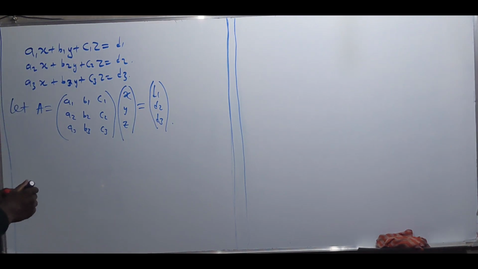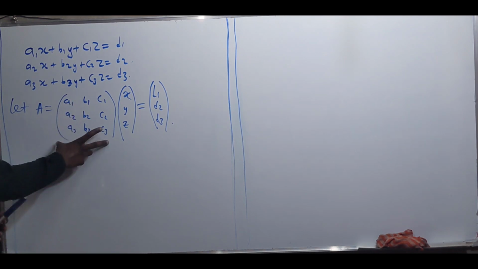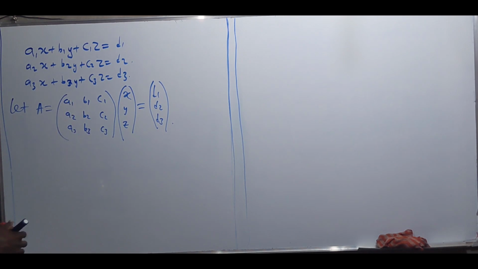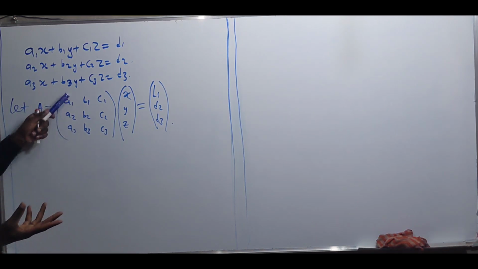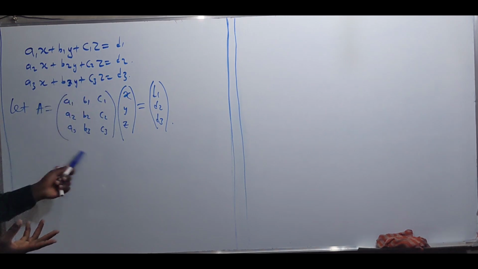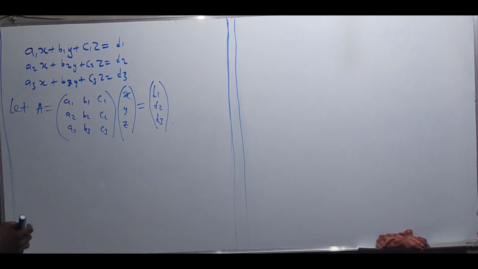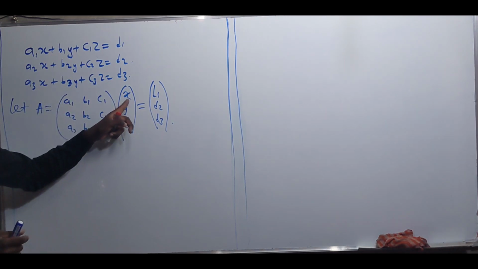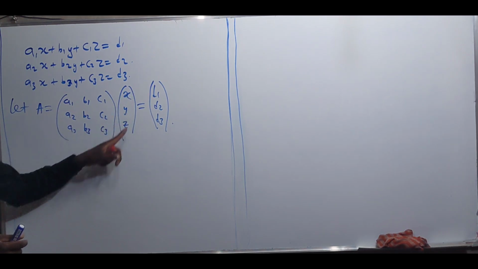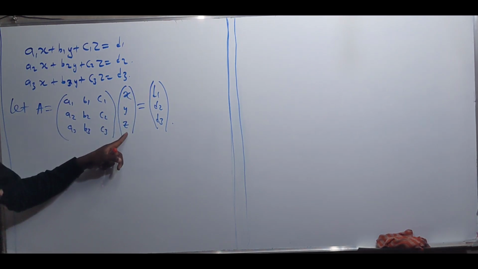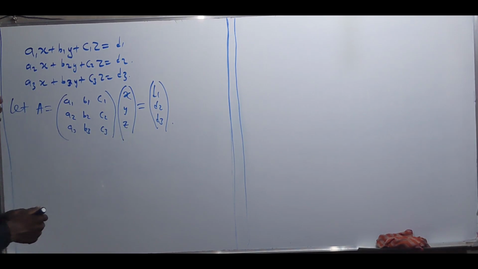Now how do we use the concept of Cramer's rule? You are supposed to come up with an augmented matrix with respect to the x values, an augmented matrix with respect to the y values, as well as an augmented matrix with respect to the z values. How do you come up with that?